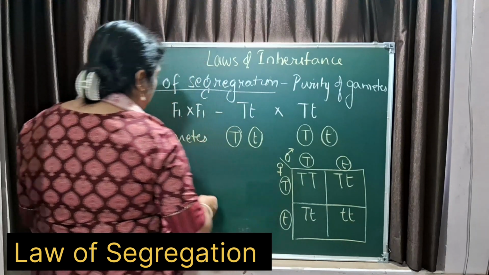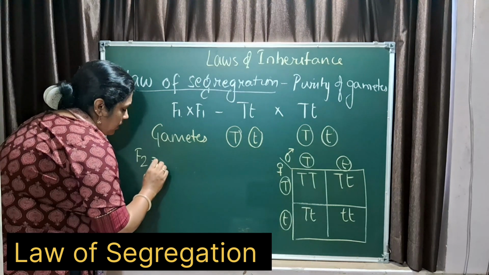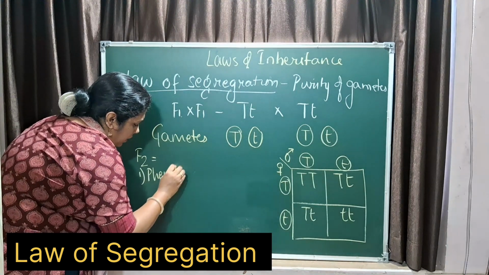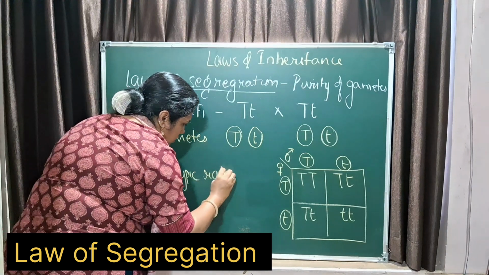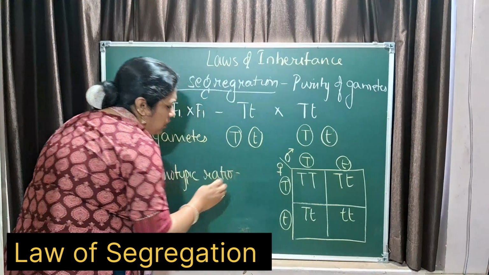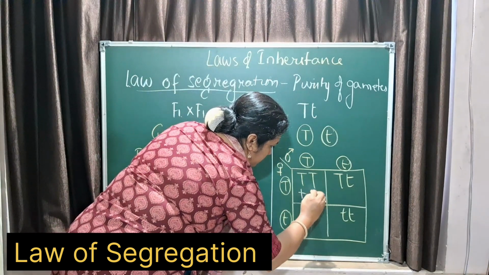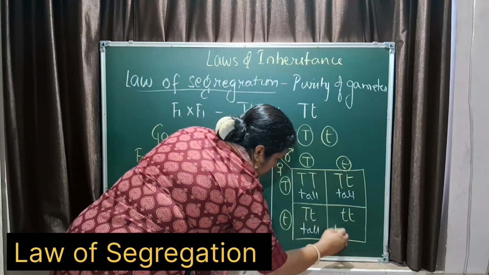Now you can see here in the F2, the first thing you need to write is the phenotypic ratio. What is the phenotypic ratio here? Tall, tall, tall and dwarf.